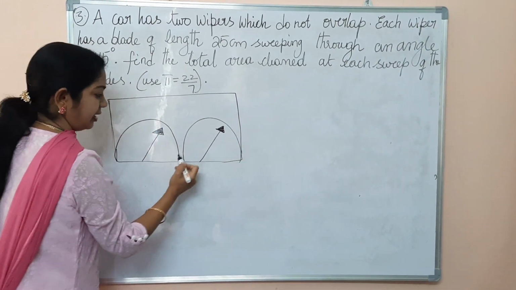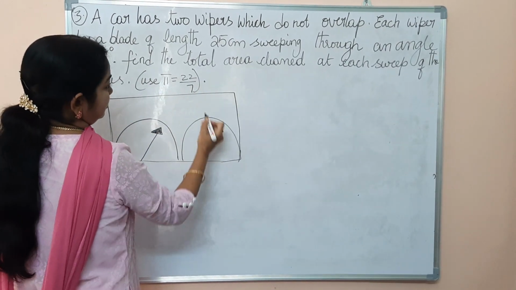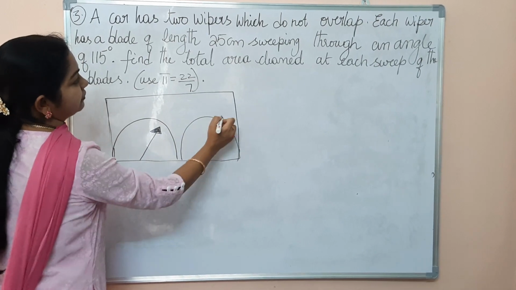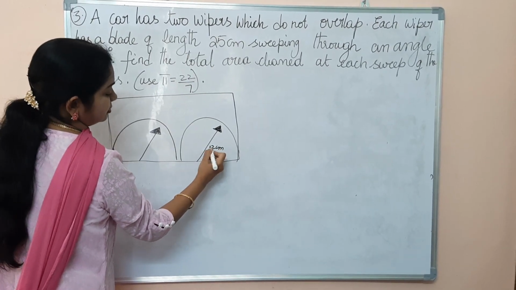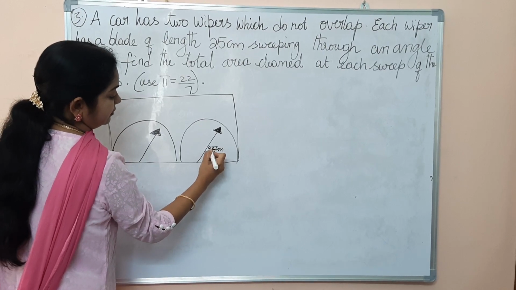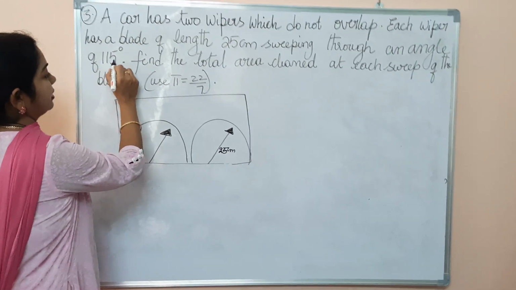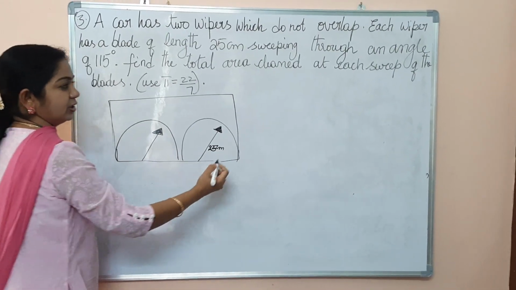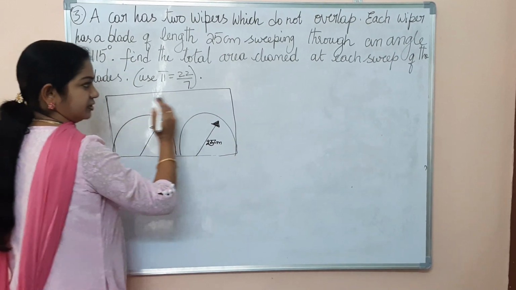So, this area as well as this area we need to find. So, first we are given the length of the blade of the wiper, that is 25 centimeters. So, how much angle it's making? 115 degrees. So, for one wiper 115 degrees, the other wiper 115 degrees.